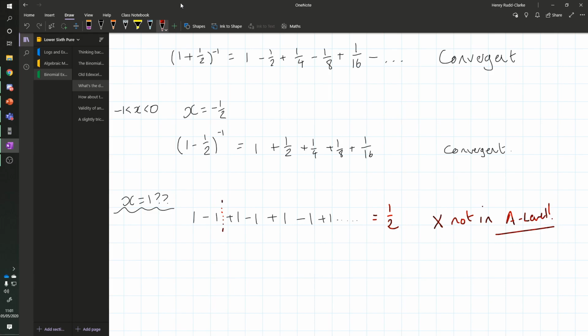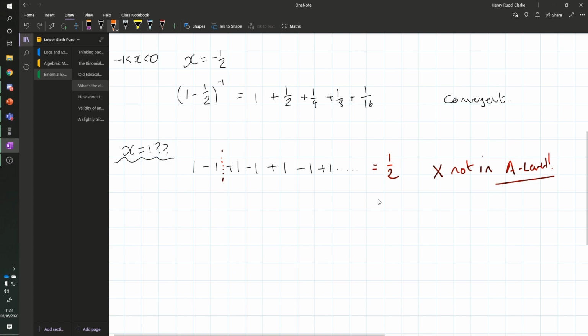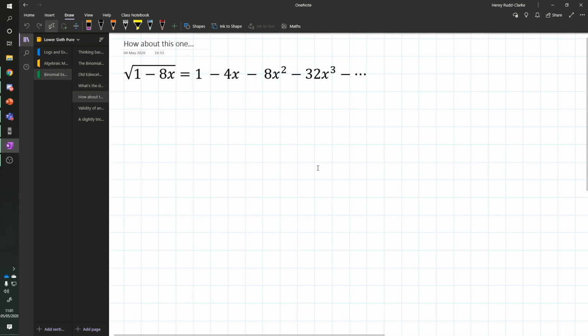So for the purposes of A-level, x equals 1 is also not valid in a binomial expansion. Therefore, we say the limitation of x is that x has to be between 1 and -1 for any of this to work.